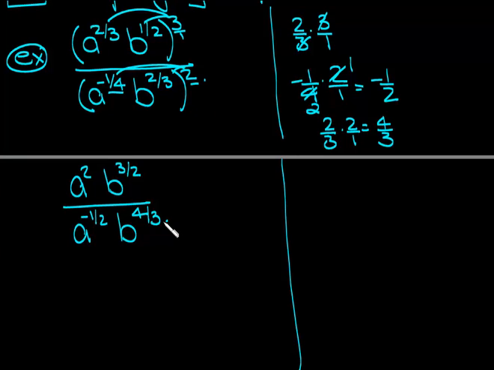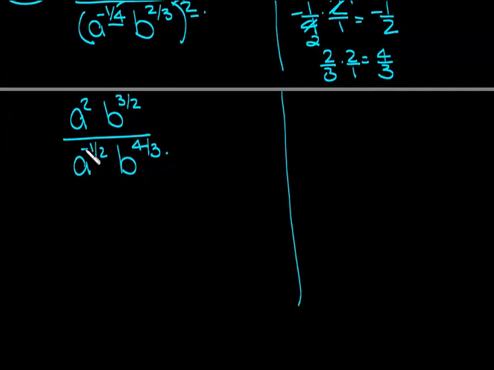Now, if you recall what we did in the previous one, we just started canceling. But it's really hard to cancel things when the exponents are fractions. Before I cancel, I have to make negative exponents positive. This one has a negative exponent, so it needs to go to the top.